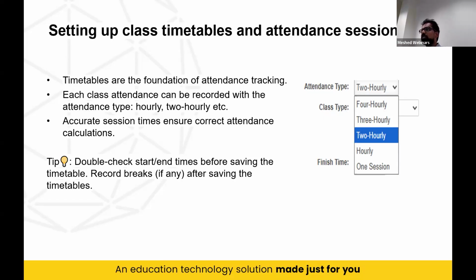So after creating the class timetable, if there is any break in between the class duration, you have to record the break timing separately, so the attendance will not be calculated for the break session. It's very important to double check that the class timetables have been correctly created with the class start time, end time, semester, subject, day, and everything else.